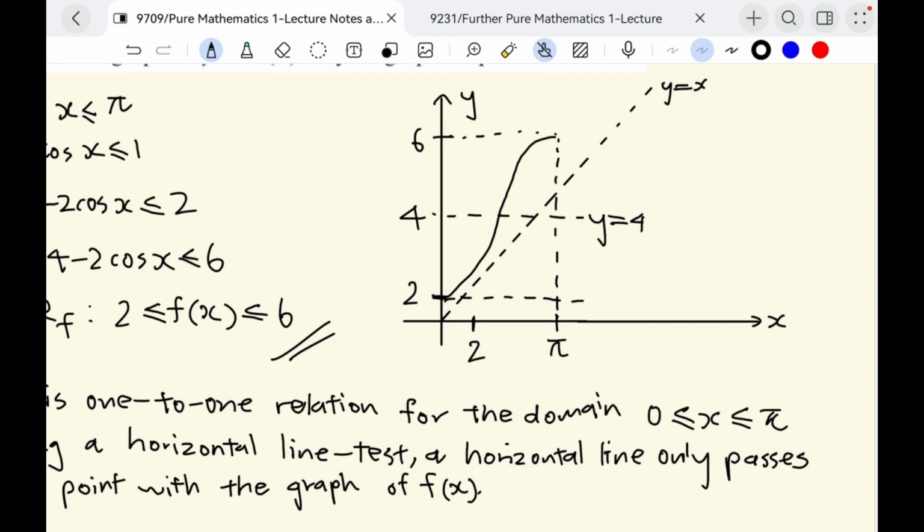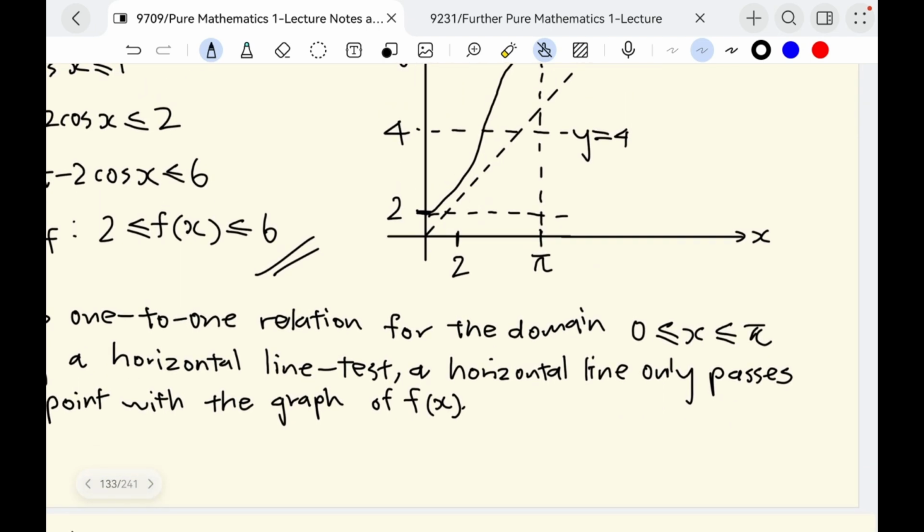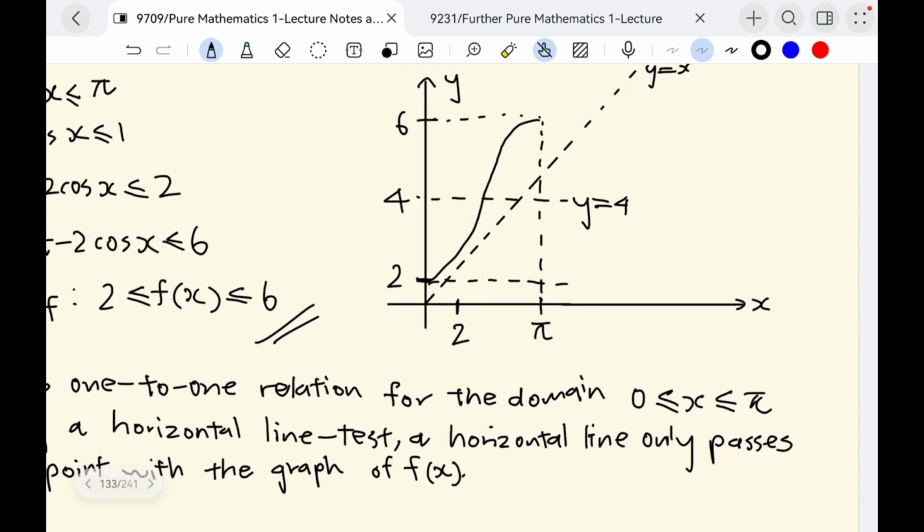You know that pi equals approximately 3.14. So just swap. So 6 must be somewhere here, I think. And for the pi, I think somewhere here.